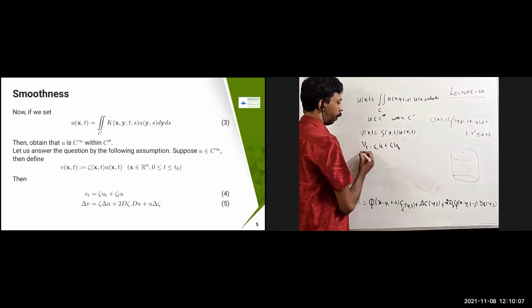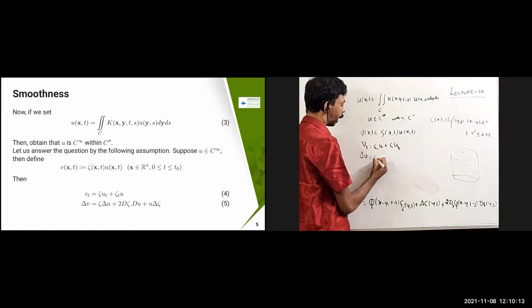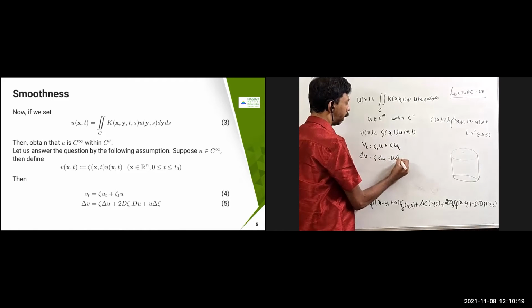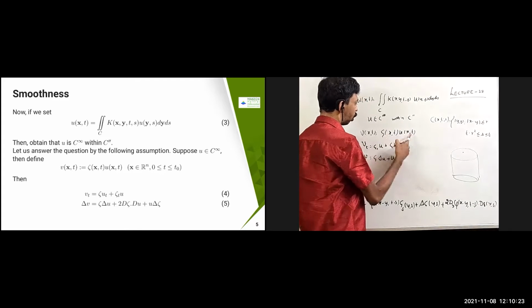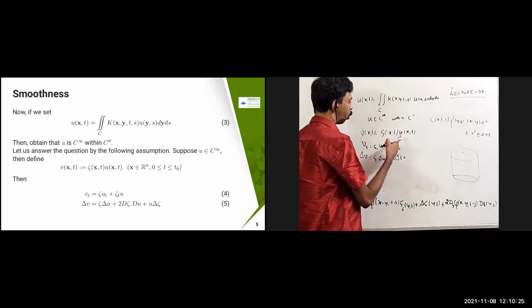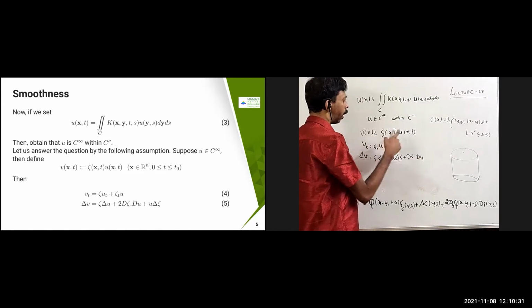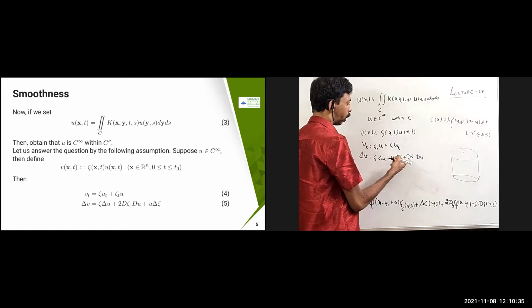And vtt, or sorry, vxx we have to find. So that is nothing but del v. So del v is going to become psi into del u plus u into del psi, plus 2 times d psi du will come. First time if you take, you are going to get one d psi on u. Second time once you are doing, you are going to get d psi into du.